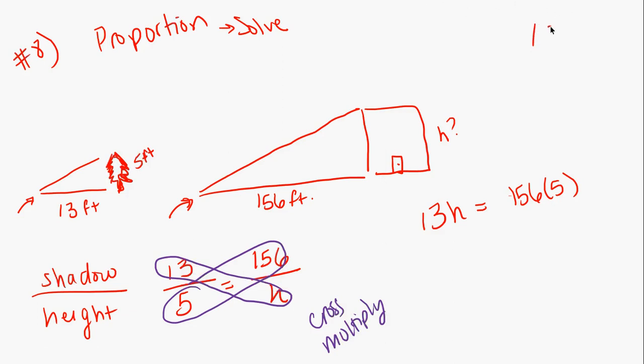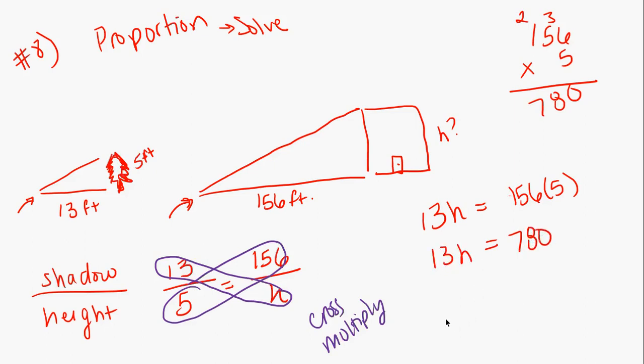So we'll go ahead and do that on the side. 156, 5. 5 times 6 is 30. 5 times 5 is 25, plus 3 is 28. 5 times 1 is 5, plus 2 is 7. So we end up with 780 equals 13h. And now to solve, we can divide both sides by 13.